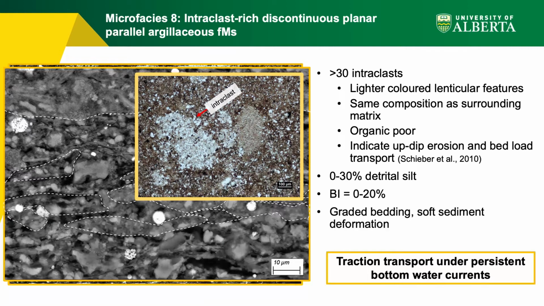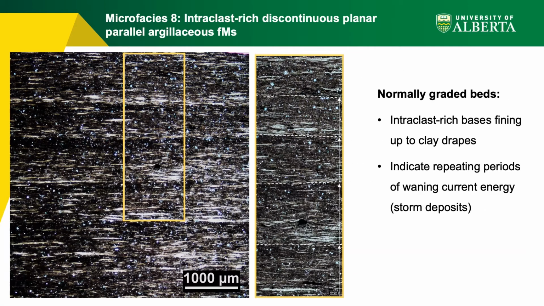A general absence of incorporated organic matter and pyrite rhomboids in the interclasts is interpreted to reflect persistent bottom current energy that supplied a constant source of interclasts and clay floccules for more proximal oxygenated settings, where the well-oxygenated waters did not allow for the accumulation of organic matter and authigenic pyrite in the sediments. These interclast-rich beds can also occur as stacked graded beds, fining upwards from interclast-rich bases to clay drapes at the top, each representing distinct storm events.